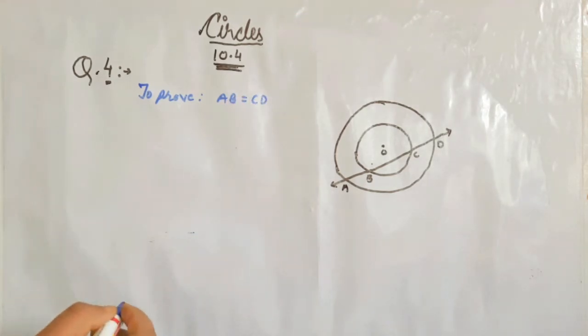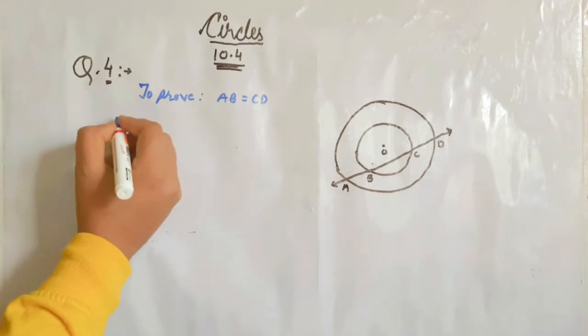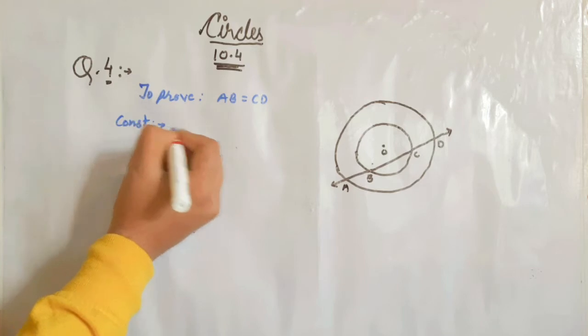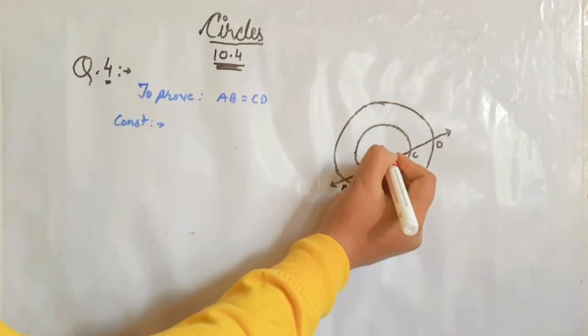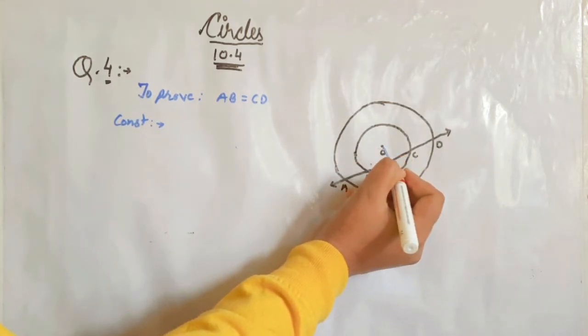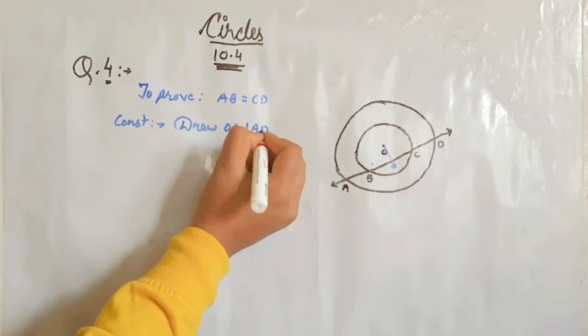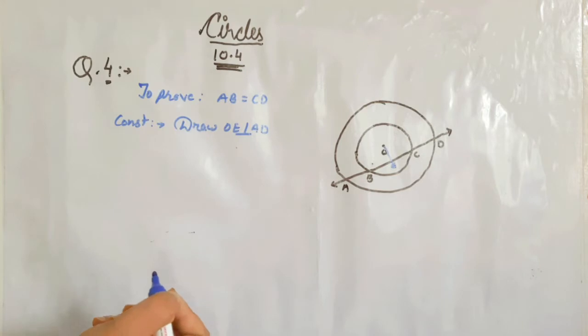To prove it, we have to do a small construction here. What is that construction? Draw OE perpendicular to AD. So it will be perpendicular on BC also.